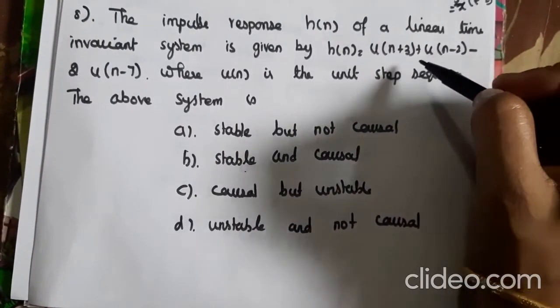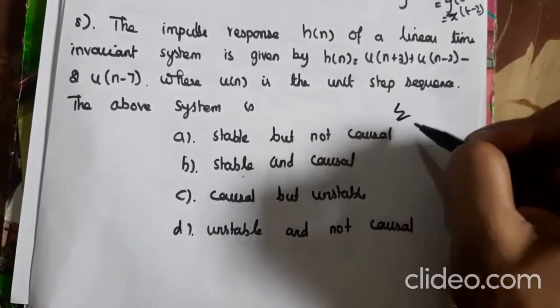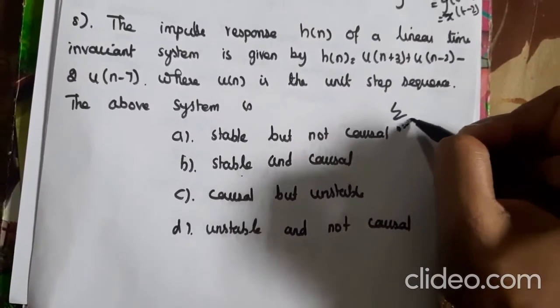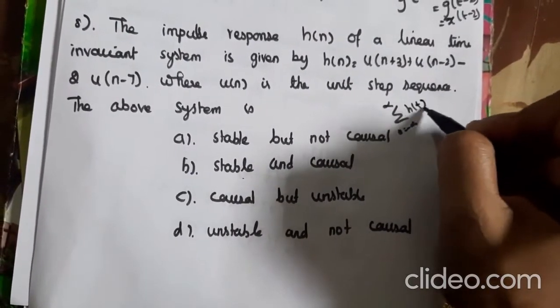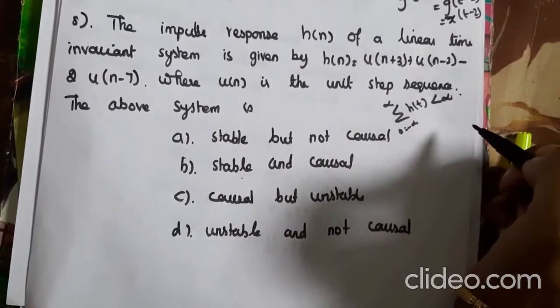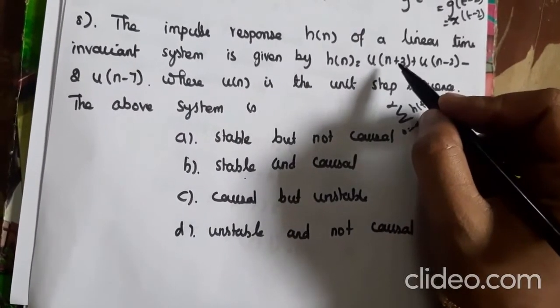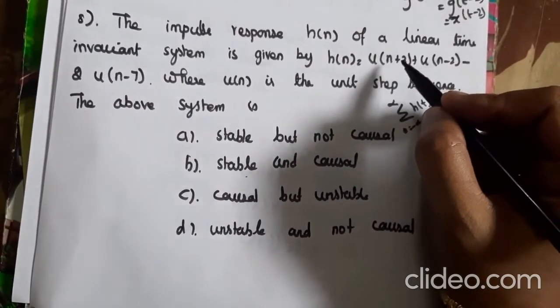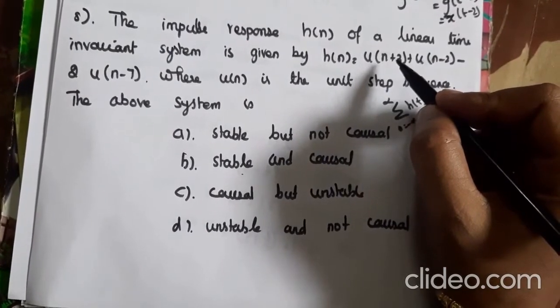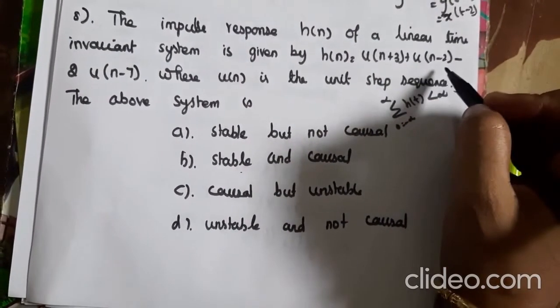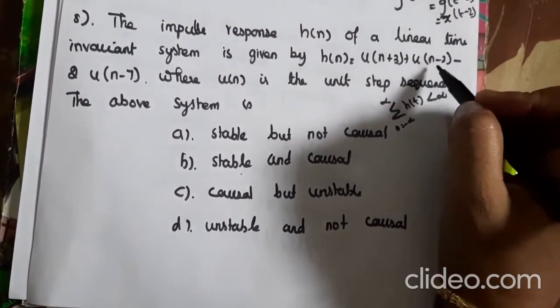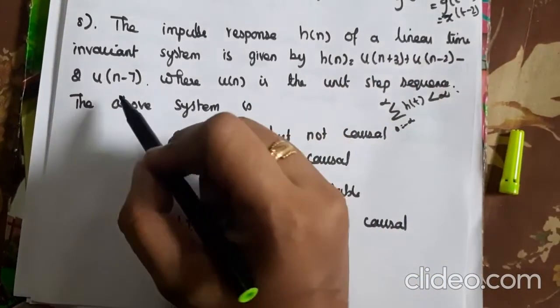Considering this h of n, for a stable system we have to check that the summation of h of n from minus infinity to infinity is less than infinity. Here u of n plus 3 has limit minus 3 to infinity, here the limit is 2 to infinity, and here it is 7 to infinity.